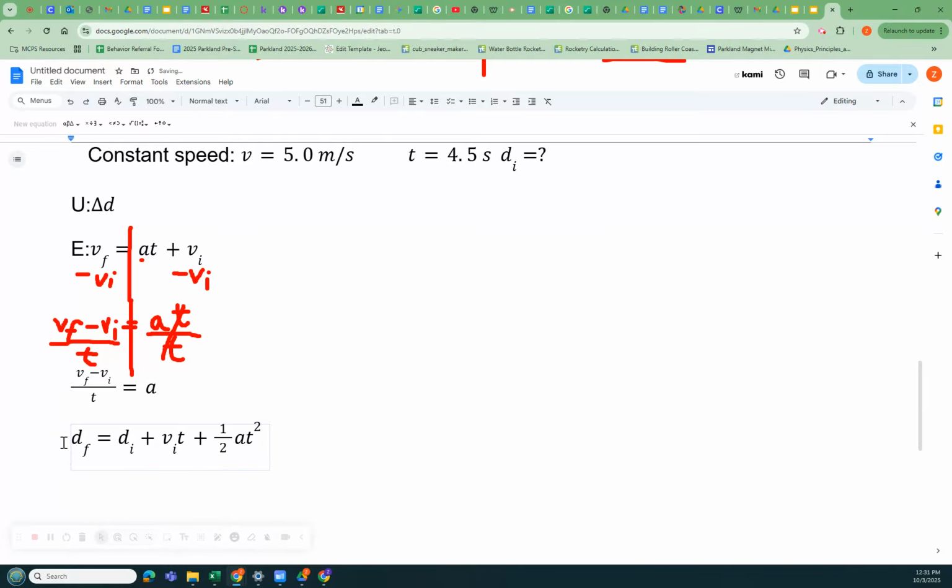Now that we have a, and we just want to know how far it went, well, df minus di is displacement.